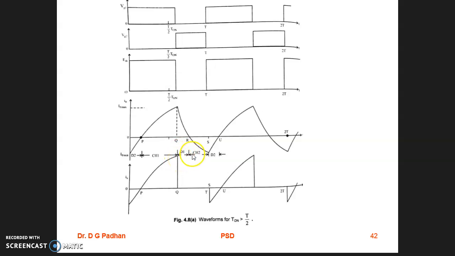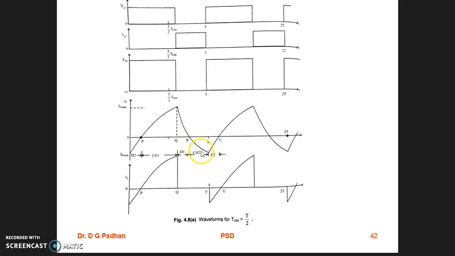Chopper 2 starts conducting at R, when the current is 0, and the current increases in the reverse direction, because of the generated voltage in the armature; the kinetic energy is converted to electrical energy and stored in the inductor.